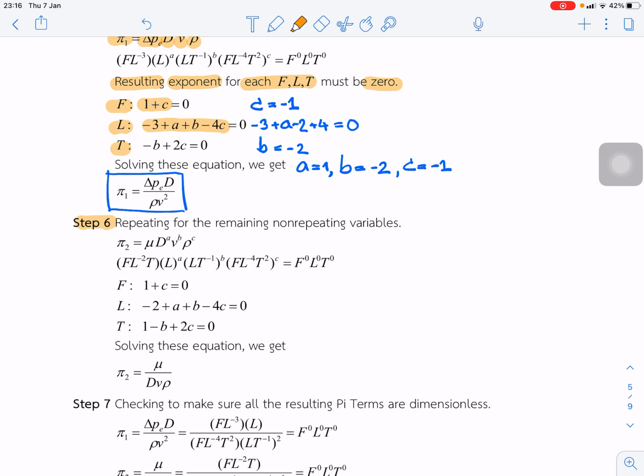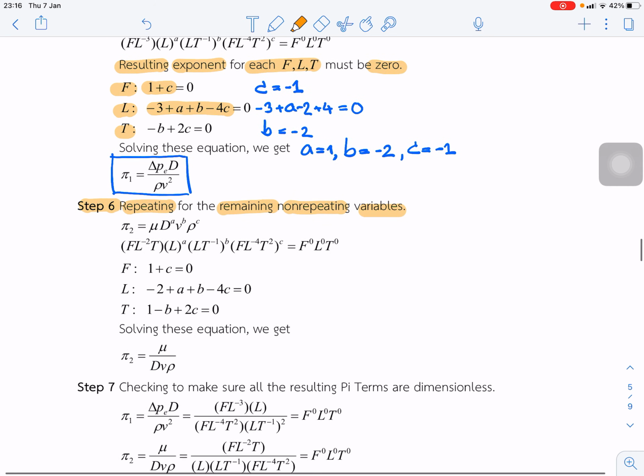The next step is repeating for the remaining non-repeating variable. Another non-repeating variable is mu, so we do the same. We substitute the basic units in all variables and find the equation for the powers of F, L, T equal to 0.